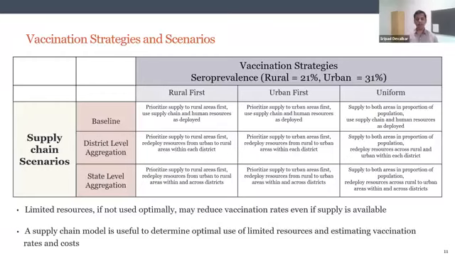Now, there are multiple ways to think about how available resources can be used. One is what we call a baseline scenario, in which all of the resources required for vaccination are currently deployed over the state in a certain configuration. In some districts, in some rural areas, there is so much capacity available, and in urban areas there is so much capacity available.